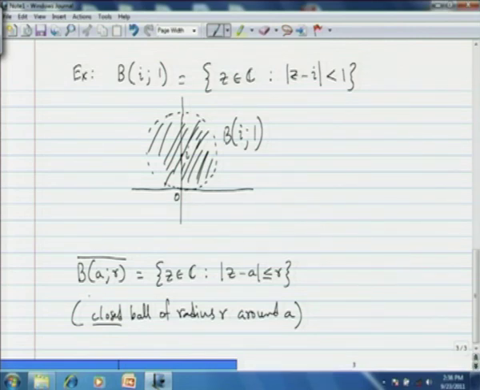Notice the difference between B(A, r) and B(A, r) bar. We have now included points which are at a distance r away from A as well.